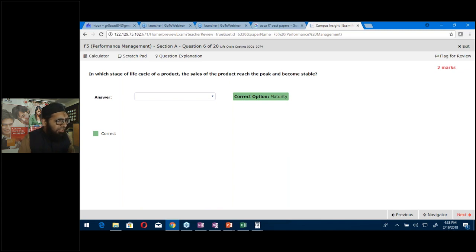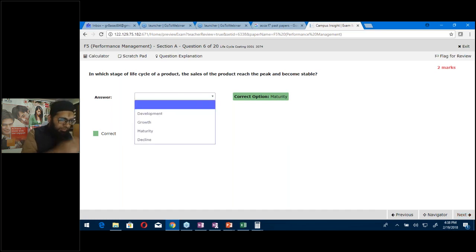Now, in which stage of the life cycle of a product do the sales of the product reach the peak and become stable? We have four options, and the right option will be maturity. Ramesh has asked me, maybe about the previous question, whether non-value added activities are part of value analysis.